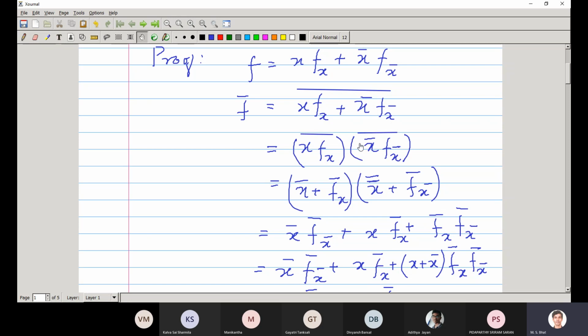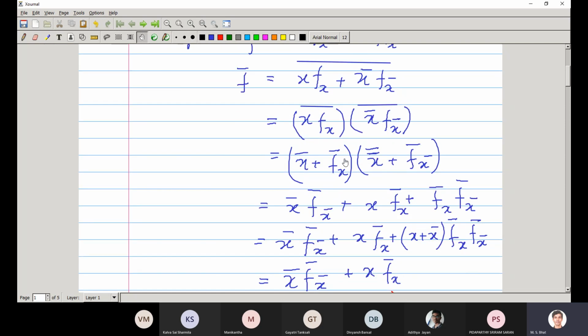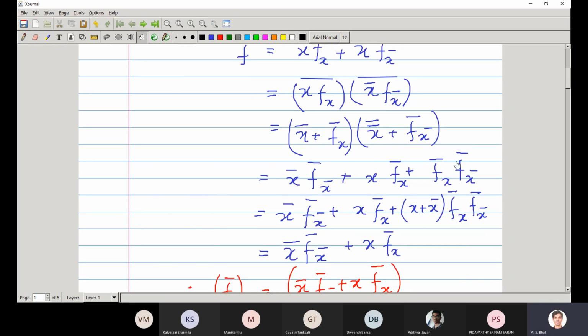Now, if I again expand this, you get x bar plus fx bar into x bar bar plus fx bar bar. When you multiply, you get x bar into x is 0, so this into this is 0. This into this is x bar fx bar bar plus x into fx bar. Then you have this into this, fx bar bar. Now this can be represented as x plus x bar into this, because x plus x bar is 1. So 1 into this is the same as this.